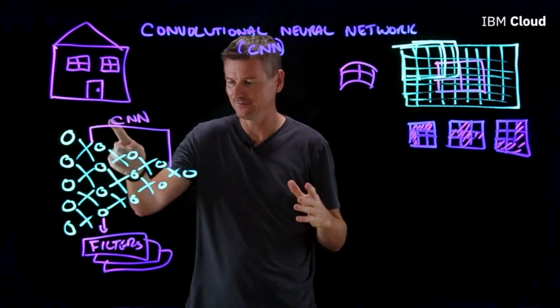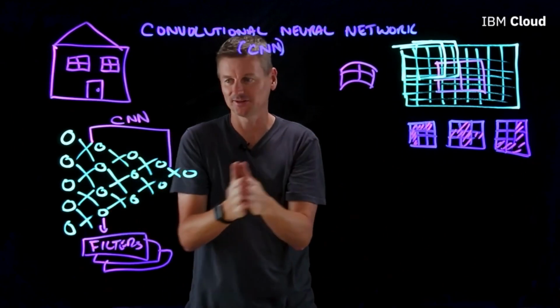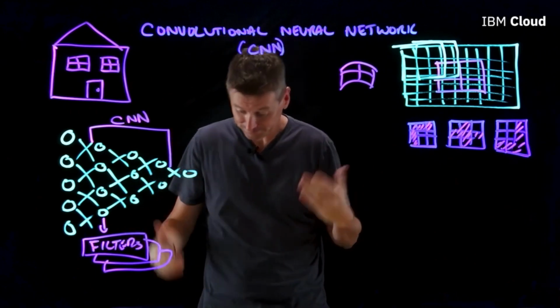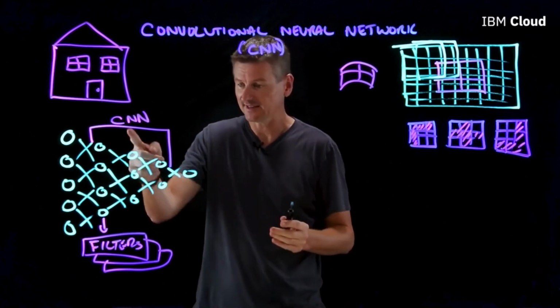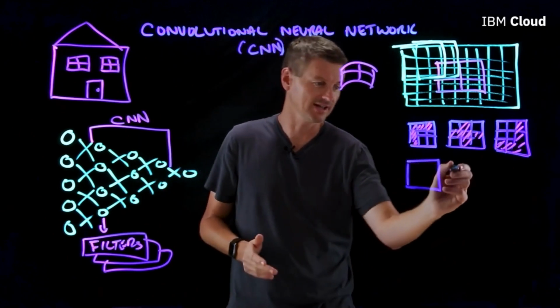Now that's just the first layer of the CNN. And as we go deeper into the neural network, the filters become more abstract, or they can do more. So the second layer of filters perhaps can perform tasks like basic object recognition.